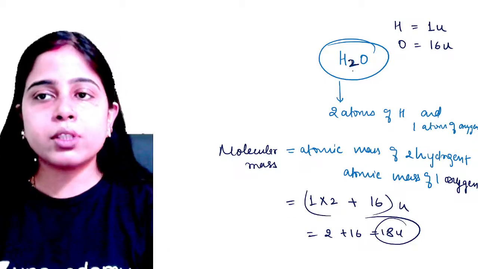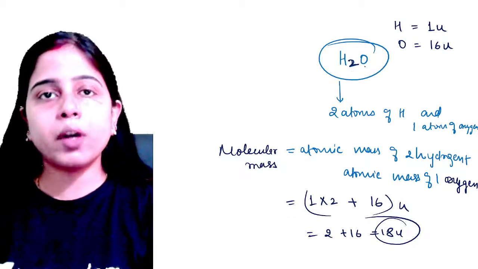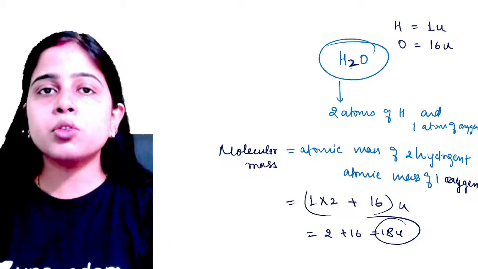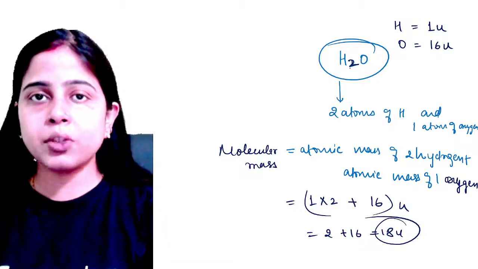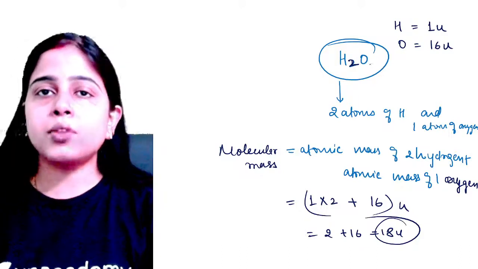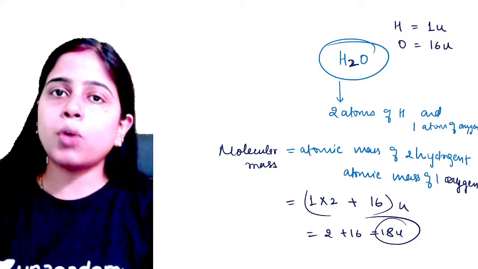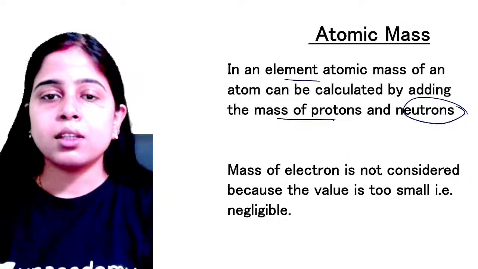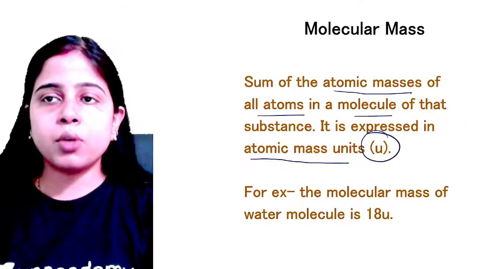In this case, you have two atoms of hydrogen and one atom of oxygen. That means you need to find the total atomic mass for two atoms of hydrogen and one atom of oxygen, and then add them both and you get the molecular mass. Clear? So this is how you calculate molecular mass.